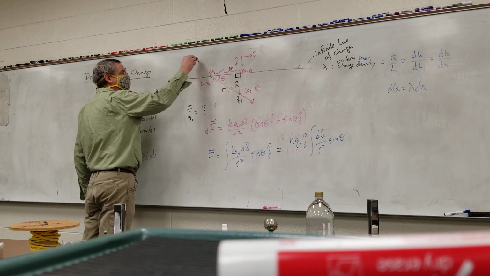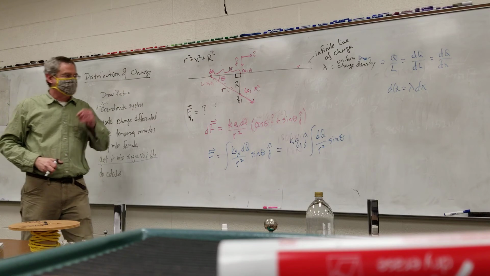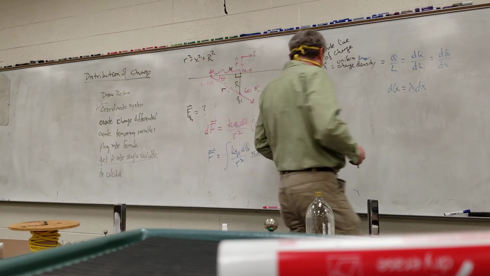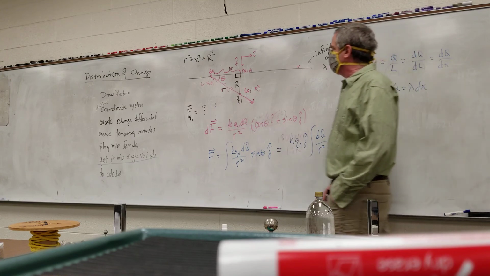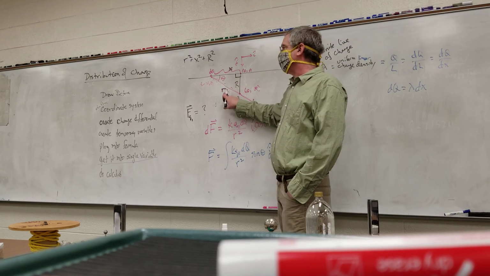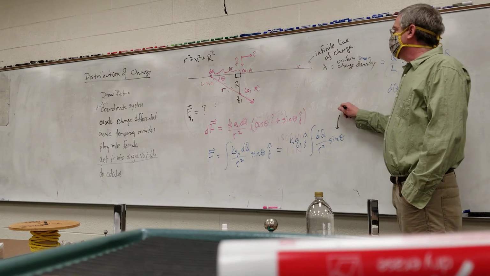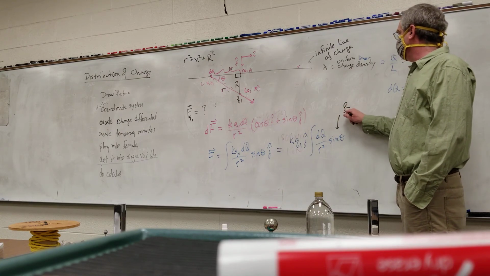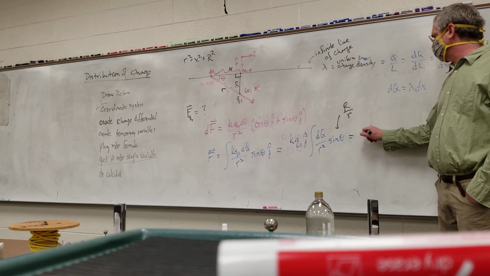R squared is equal to X squared plus big R squared. So I'm going to plug in that for R squared. And sine theta is the opposite divided by the hypotenuse. And so sine of theta is big R over little r. So I'm going to do that substitution first.